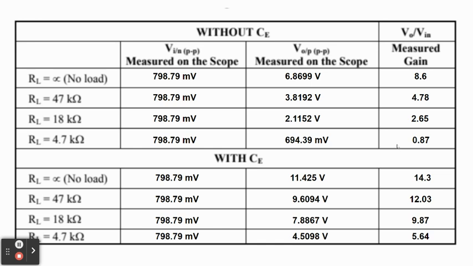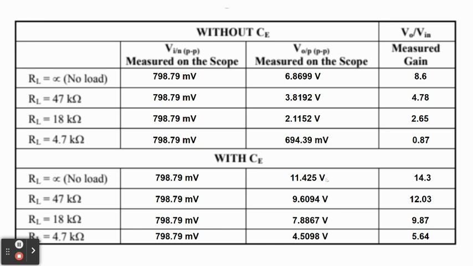Now, when we have connected the CE across the R4 and we varied again the RL from no load, 47 kilo ohms, 18 kilo ohms, and 4.7 kilo ohms, the voltage output peak to peak becomes 11.425, 9.6, 7.889, and 4.51 volts.